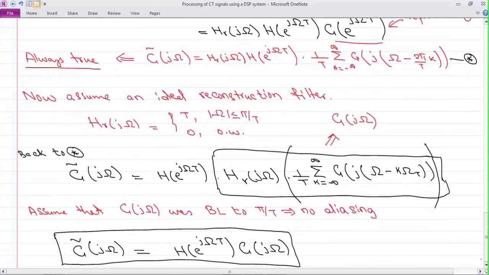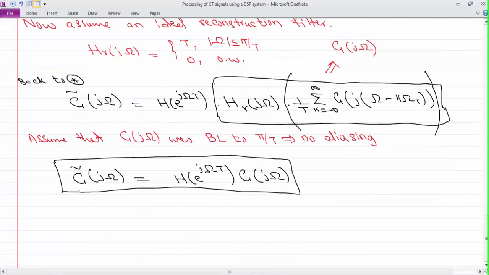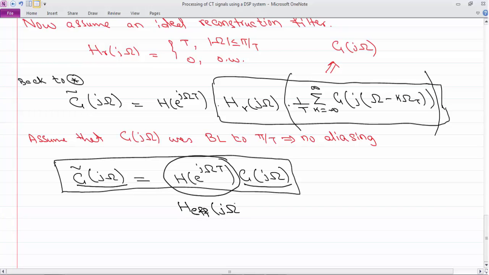And that is what we have ended up getting. So we call this our effective continuous time system.